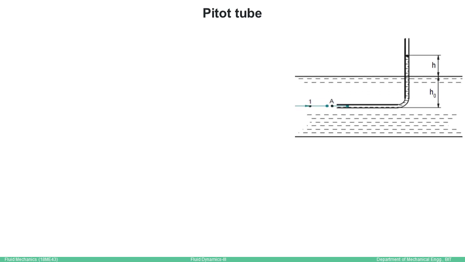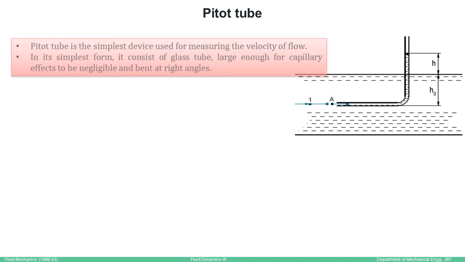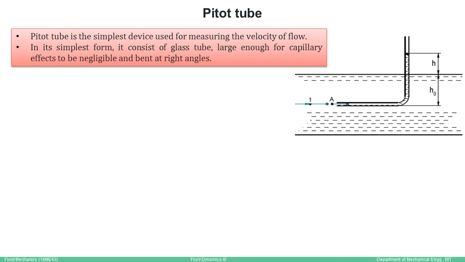So starting with the pitot tube, earlier in the previous session on fluid dynamics, it was briefly discussed when we were discussing stagnation pressure. The pitot tube is the simplest device used for measuring velocity of fluid flow.